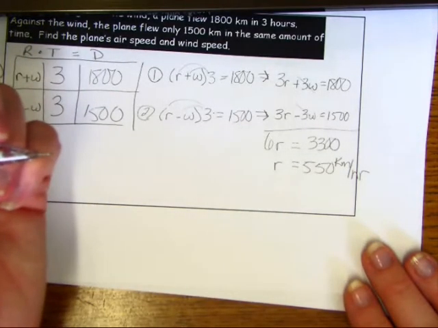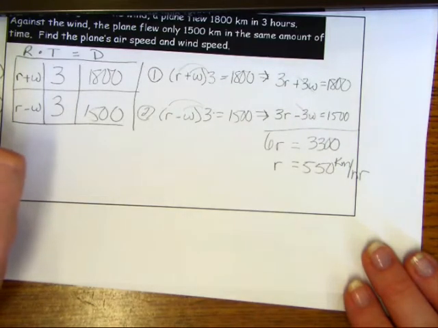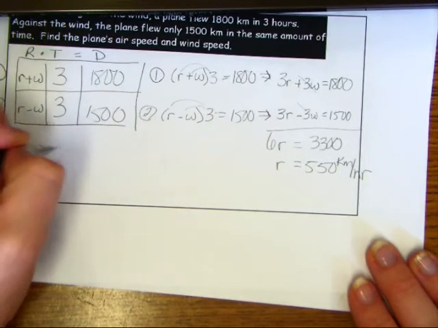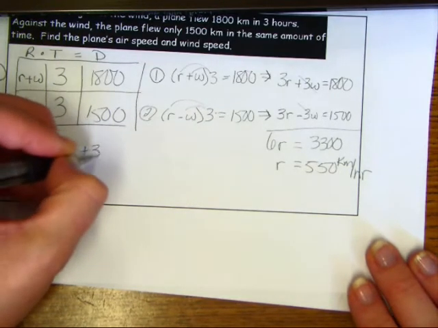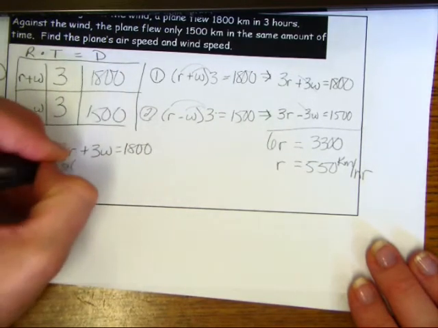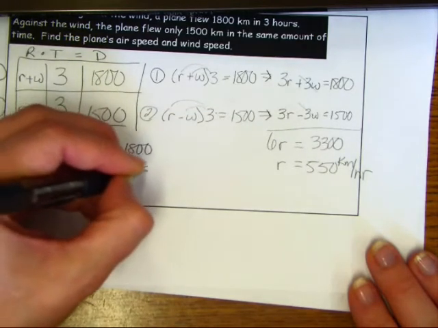Well, we need to figure out what our other variable is. The other variable is wind speed. We got to figure out what w is. So let's do 3r plus 3w equals 1800 from originally. And let's plug in 3 times 550 plus 3w equals 1800.